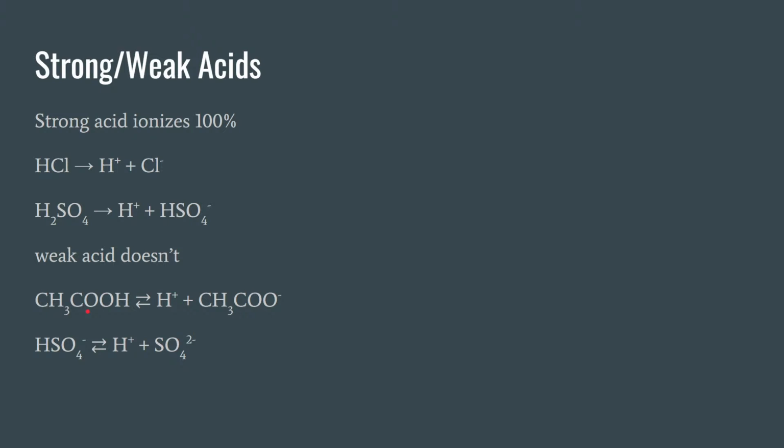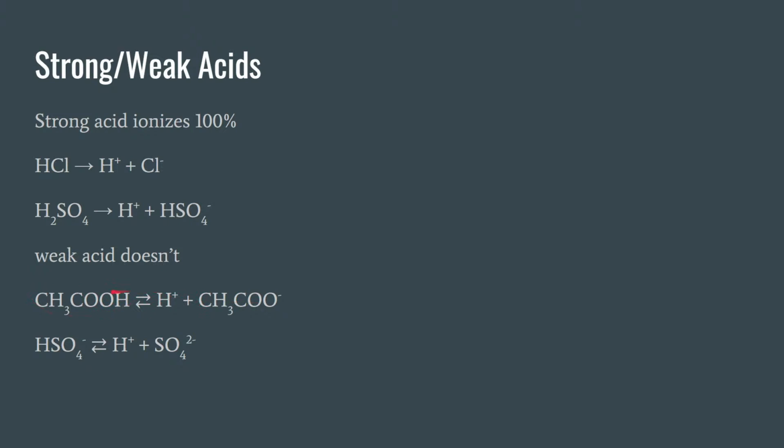This is called an equilibrium, and we'll talk about them a lot more in the second semester. So what happens is you have some amount of the products, you also have some amount of your reactants, and they exist at the same time. So you don't get 100% over here on the product side. You end up somewhere in the middle. So that's what makes them weak acids.